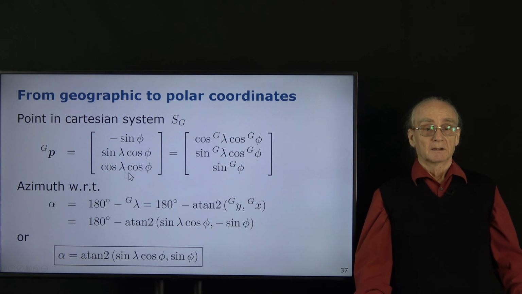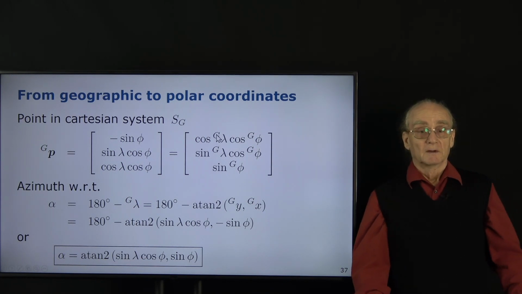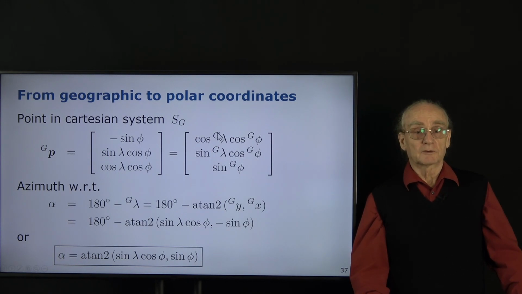Now, in this system, this point here has the Cartesian coordinates. And how do they depend on the geographical coordinates in this system? This is the old equation, just with all the lambdas and phi's referring to this new system G. And that means we have to determine alpha as 180 degrees minus the length in this system. So we have to find out how we get lambda from this equation.